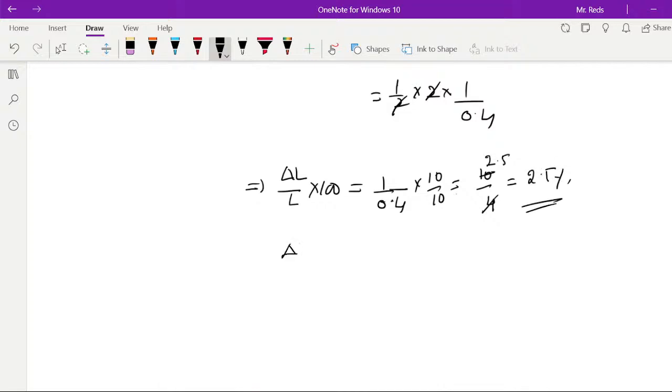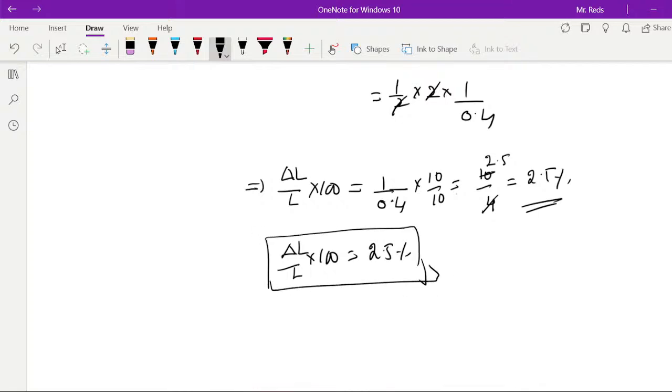So delta L by L into 100 is equal to 2.5%. This is the percentage increase in length.